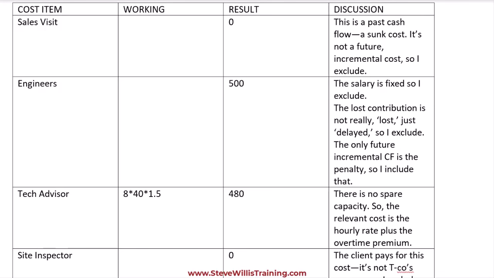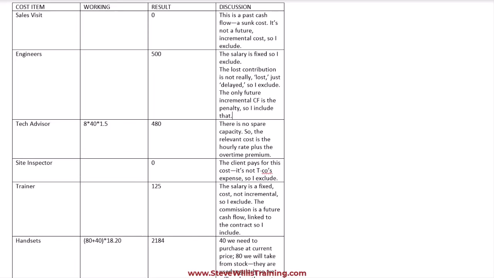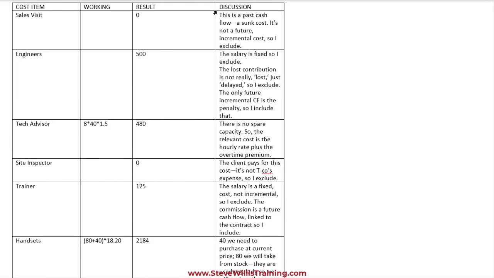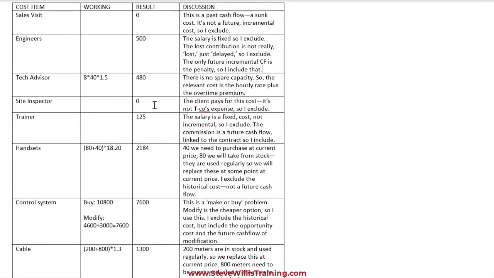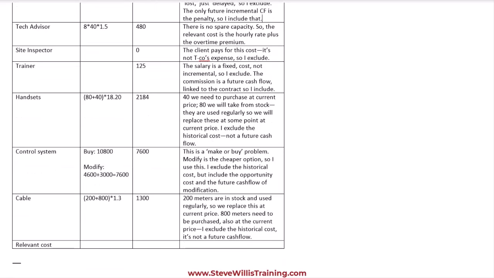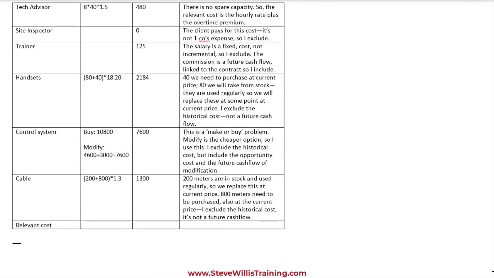And look at my fabulous exam technique, okay? Showing my workings, using a table to stay organized, using plain, simple English, showing a detailed discussion explaining why I include and exclude certain items, okay? That's what your answer should look like.